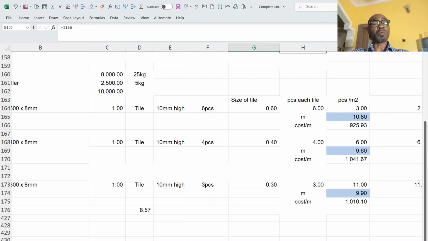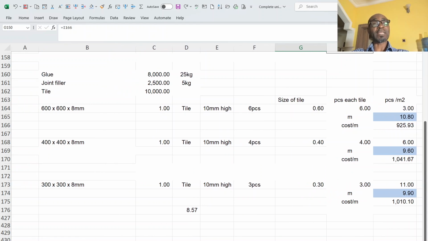Mind you, some people would like their skirting to be dull at the edge. So if in your locality you have factories where these tiles can be dulled, you add the cost of dulling.